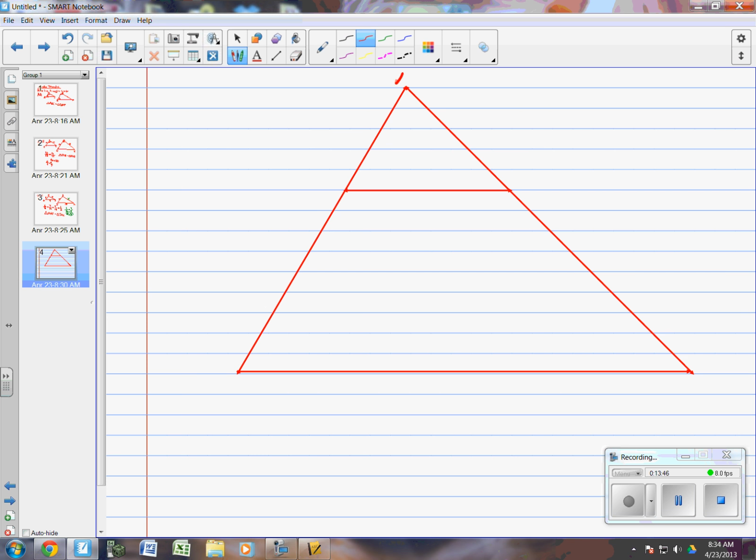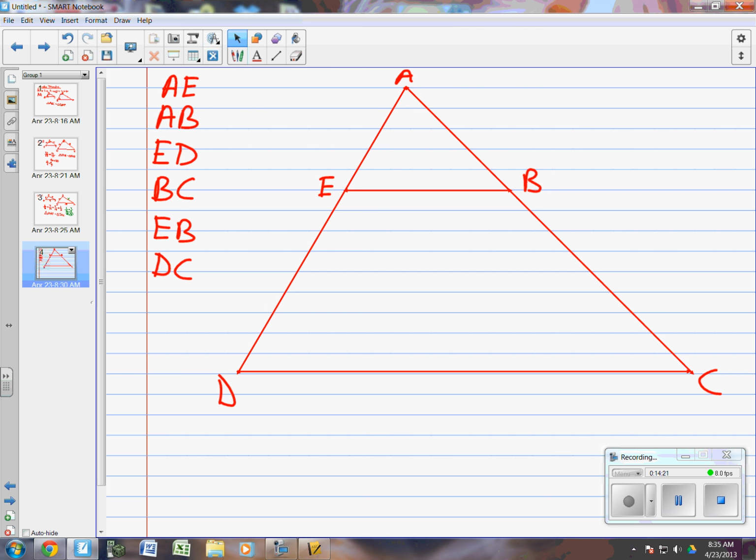I'm going to call this A, B, C, D, and E. I want you to measure distance AE, distance AB, distance ED, and distance BC, and distance EB, and distance DC. Measure each of those distances. I'll give you a minute to do that. To the nearest tenth of a centimeter.